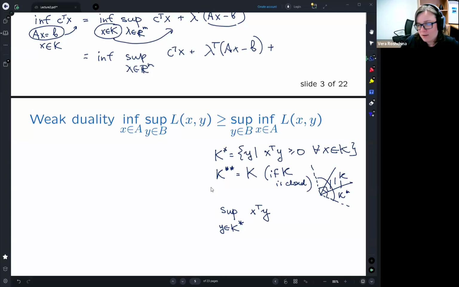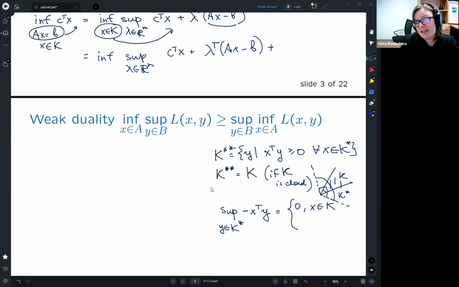Because of this bipolar theorem, or biduality of convex cones, if x is in the original cone, let's put minus here, then I have this inequality: x transpose y is always greater or equal to 0. So I will have the same for my bidual cone. What will happen is that I will have 0 if x is in K.